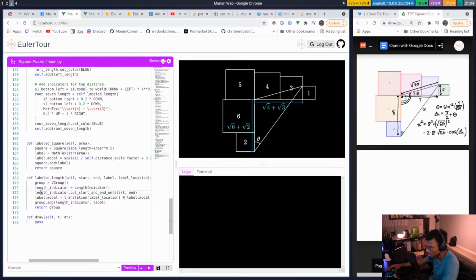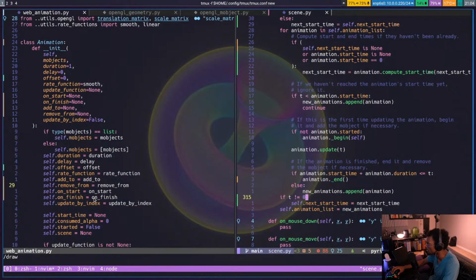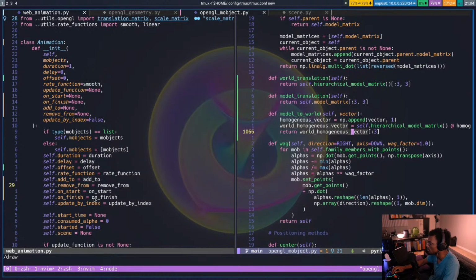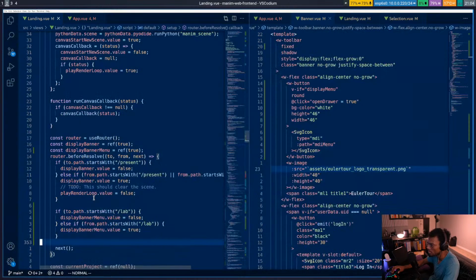This translation should be length indicator dot model translation. What's the name of that thing? Model translation.